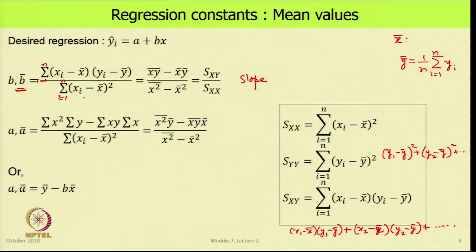We can further expand this a little bit, divide by n, define various means, and we get xy bar minus x bar y bar upon x square bar minus x bar squared. Like we defined here, xy bar is 1 upon n summation i equal to 1 to n of the product x i y i.